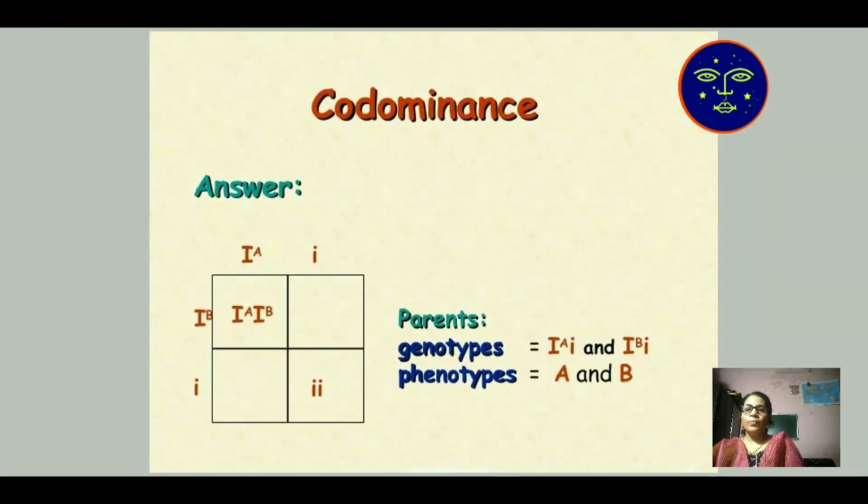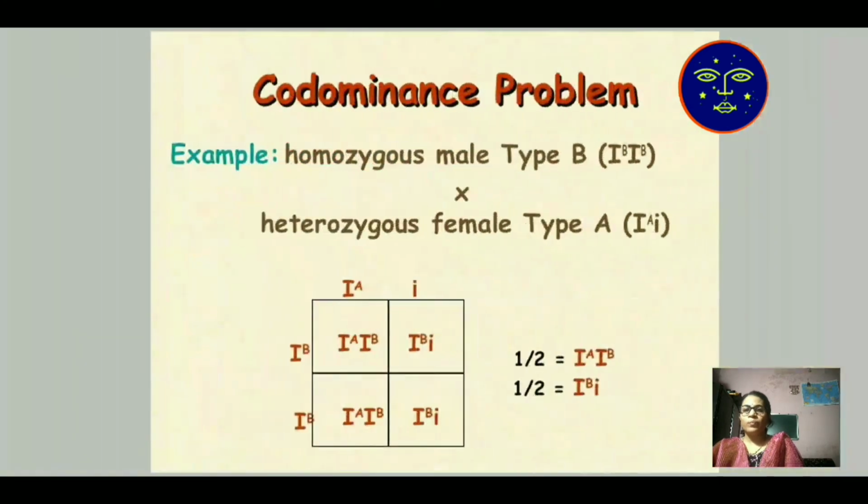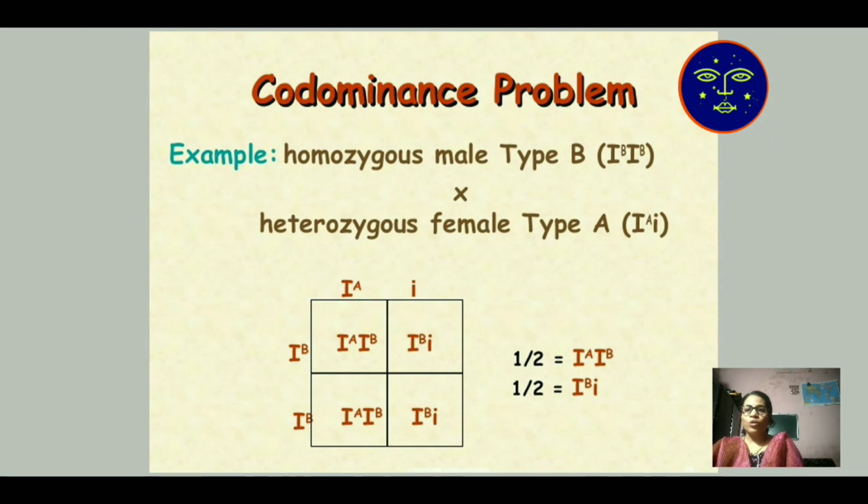Codominance. Here is an example. Its genotypes are IA and IB. This is the codominance experiment of blood grouping. A homozygous male of type B, capital IB, is crossed with a heterozygous female, capital IA with small i.